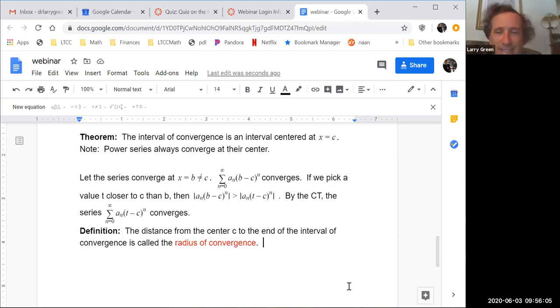Okay, so an interval is defined, there's different kinds of intervals.